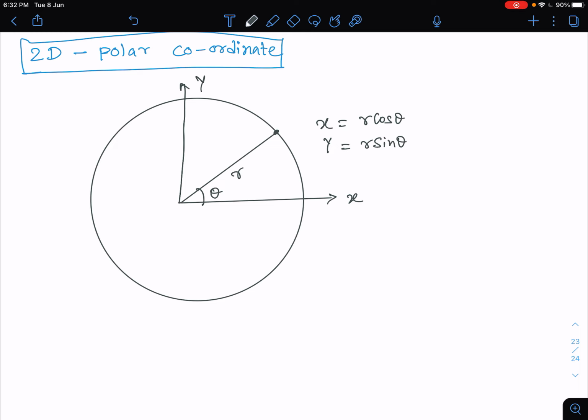So for any coordinate system, you need to choose two basis vectors, which in the case of Cartesian are x and y.